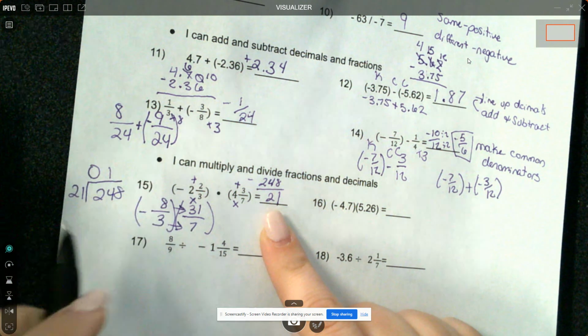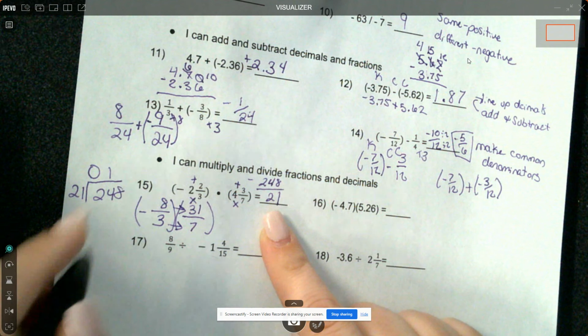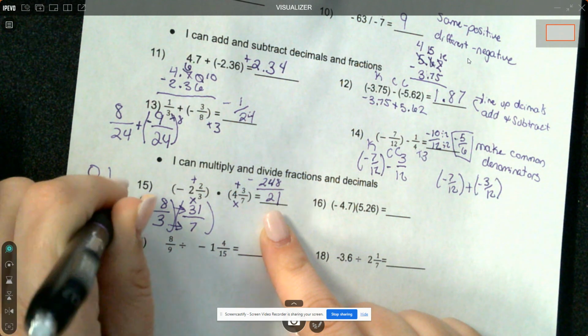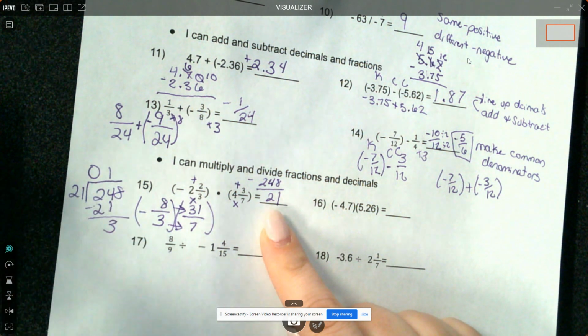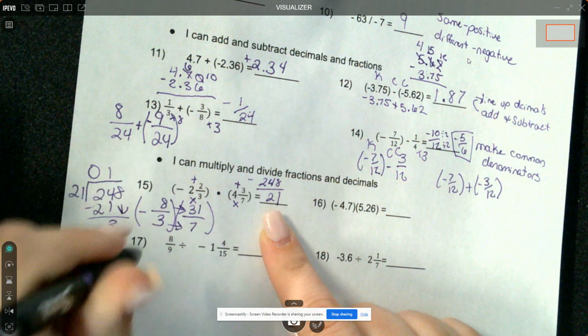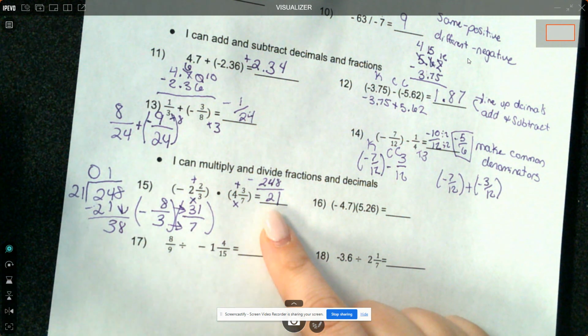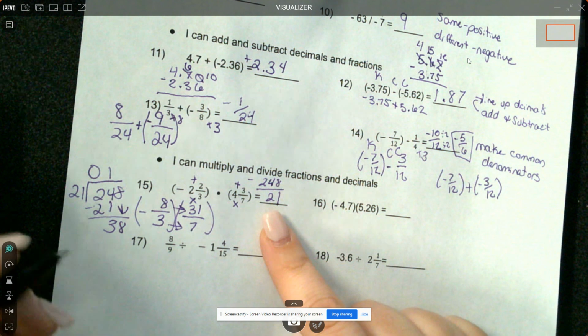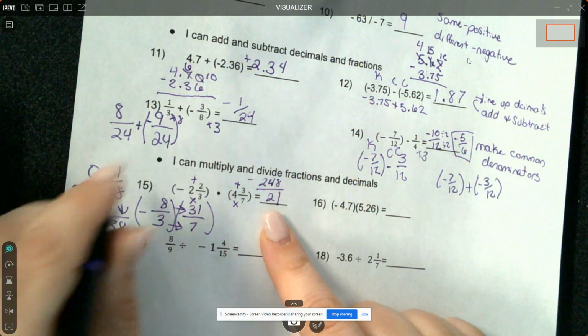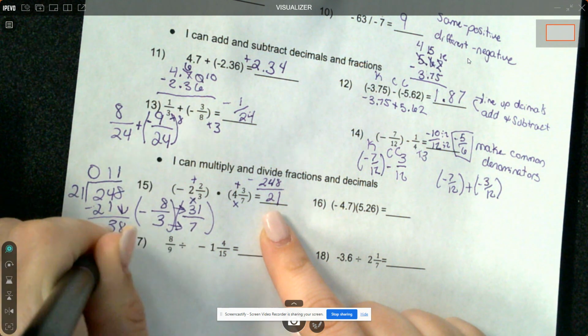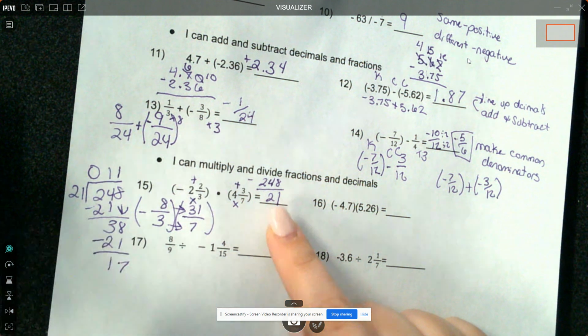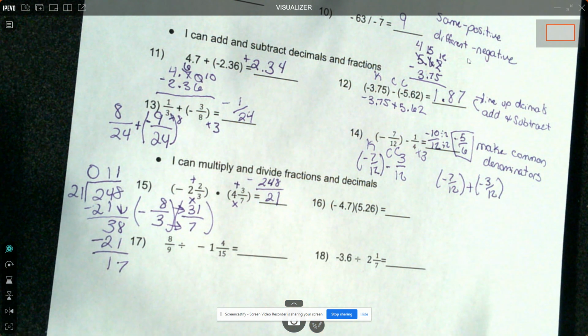One time. 21 times 1 is 21, subtract 3. I do have to bring down the 8. I can't just stop there. Does 21 go into 38? How many times? 21 times 1. And when I subtract, it leaves me with this.